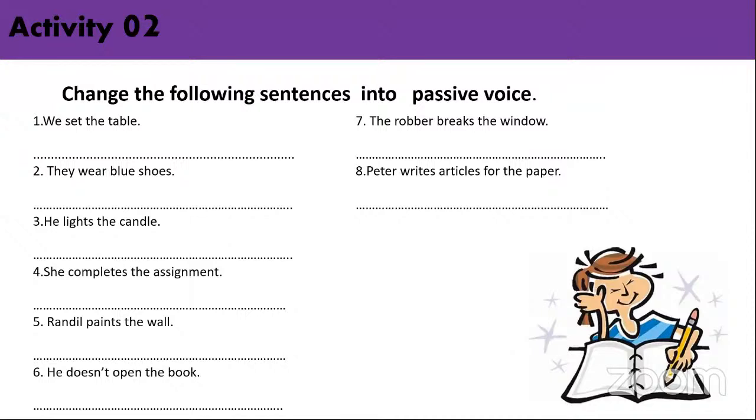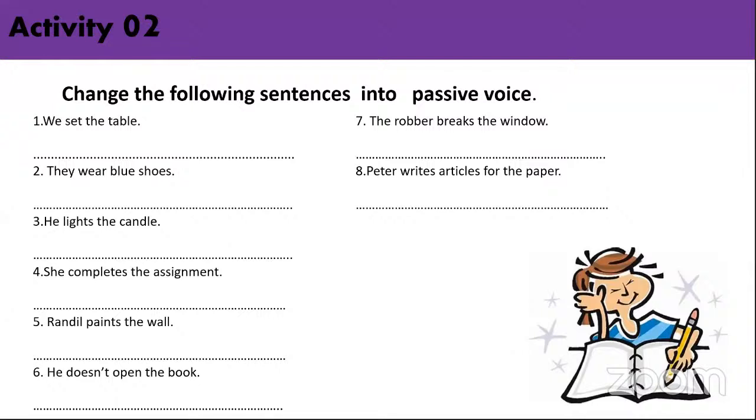This is another type of exercise, activity based on passive voice. There you have to change the whole sentence into passive voice.